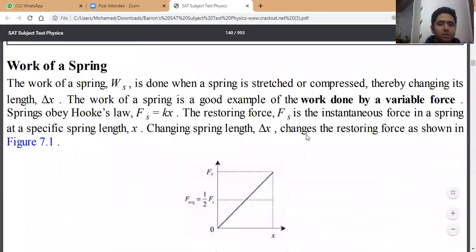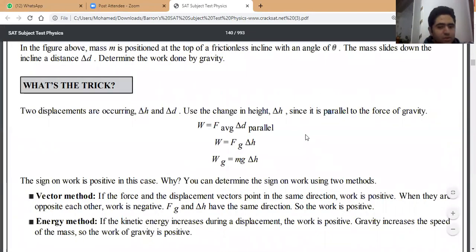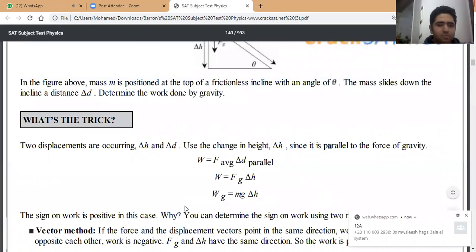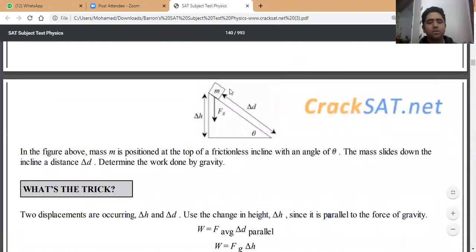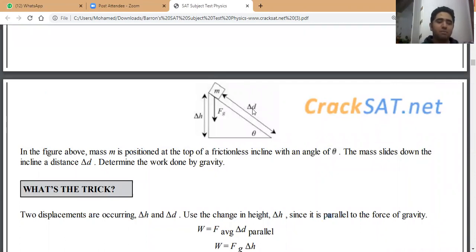Okay. The other thing that was not mentioned here was you could actually use this delta d right over here, but you need to bring a force. And you probably understand inclines by now.